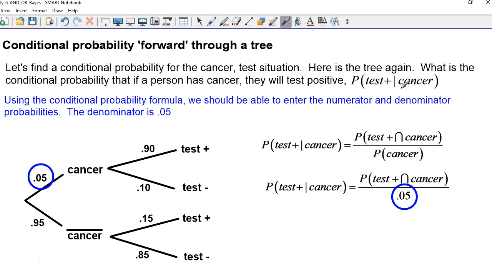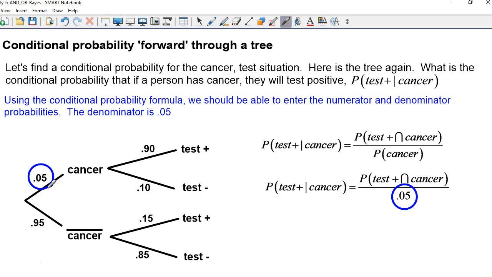Okay. So using the conditional probability formula, if we wanted to do it that way with the formula, we should be able to enter the numerator and denominator probabilities. The probability of testing positive given cancer would be the probability of testing positive and cancer divided by the probability of cancer. Okay, so the probability of cancer by itself is 5%.